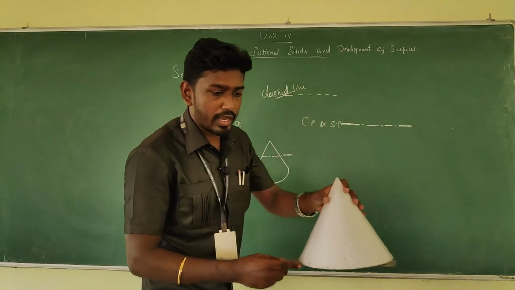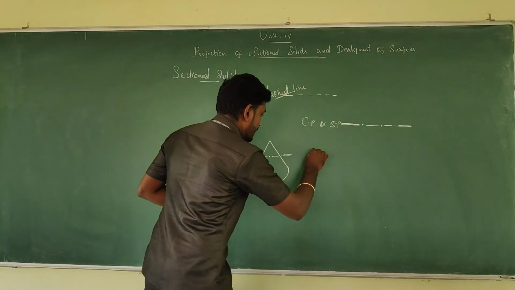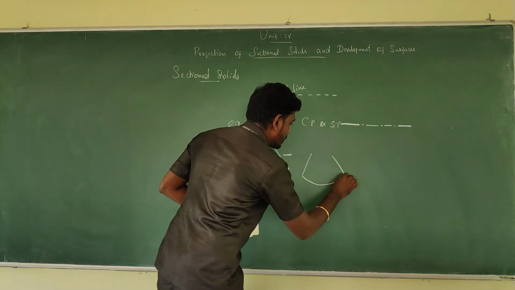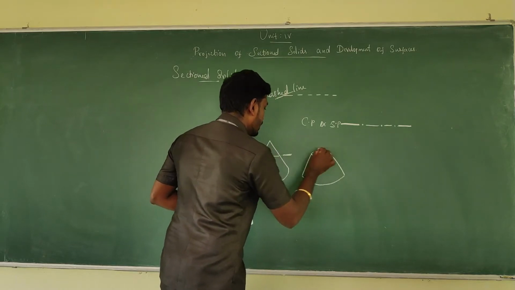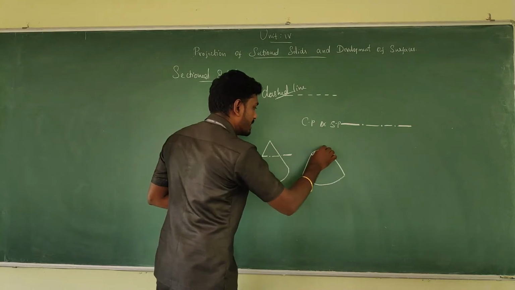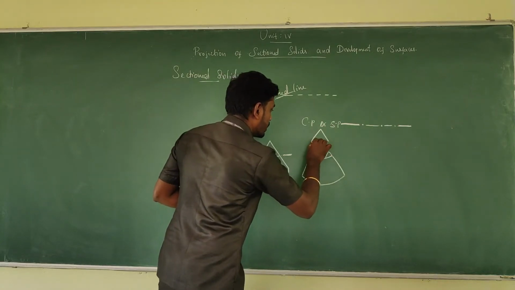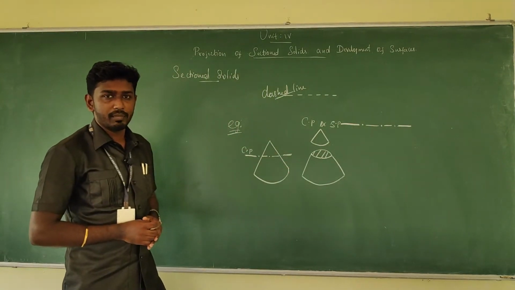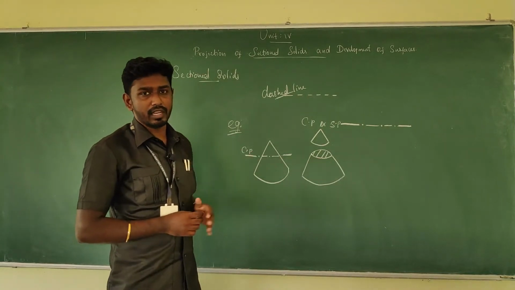I'm going to cut it. What happens to the object? This is how the object will be. If I remove the topmost portion, the object will be something like this, and the top portion will be like this. Am I right? So when we cut, the portion becomes something like this.